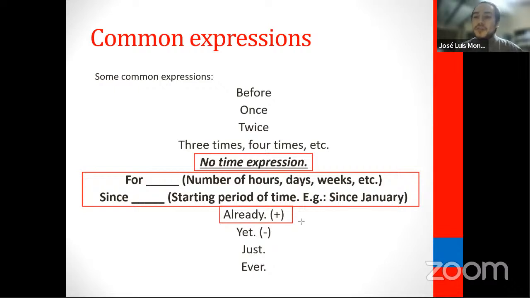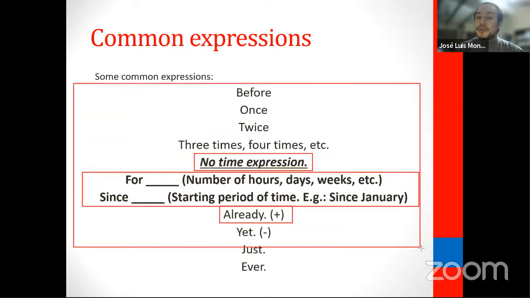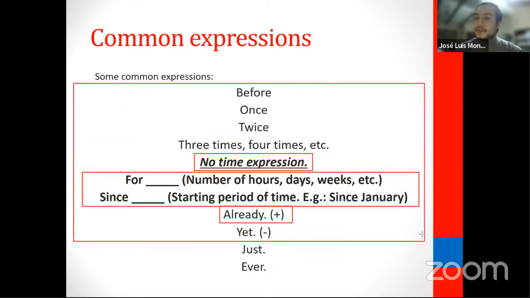But it is going to happen soon. So I haven't studied for my test yet, but I'm going to do it in a couple of hours. All right, until that part, just and never are going to be for later on. But I really want you to work with examples with these ones. All right, so please let me know first if you have any questions about these words.